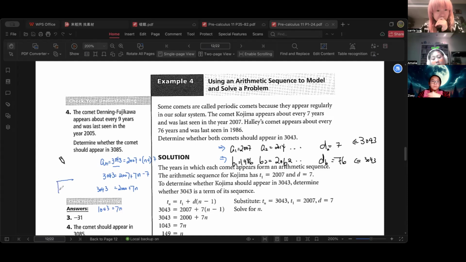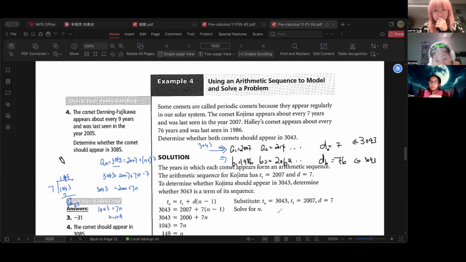So let's see, is 1043 divisible by 7? 7 times 4 is 28, so 63. So n equals 149. So obviously 3043 is one of the terms in there, right?